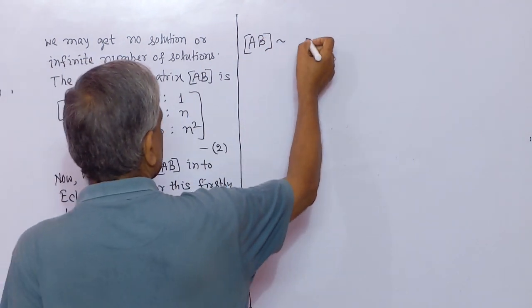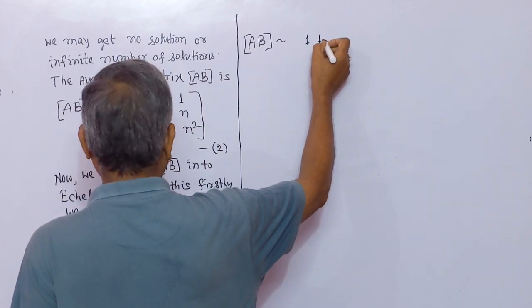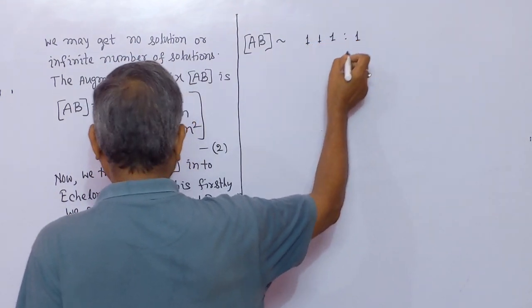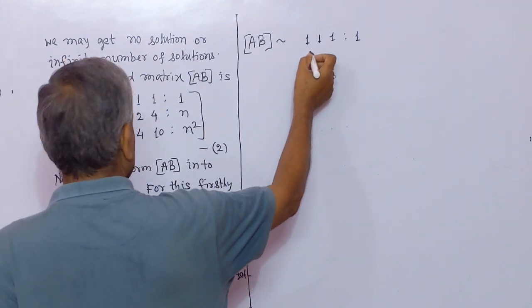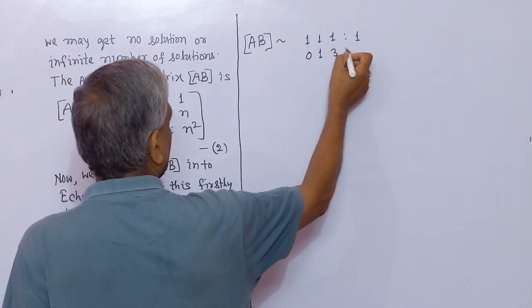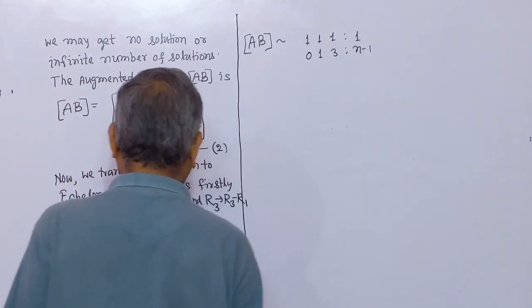Here we write first row same 1, 1, 1, 1, second row same 0, 1, 3, eta minus 1.